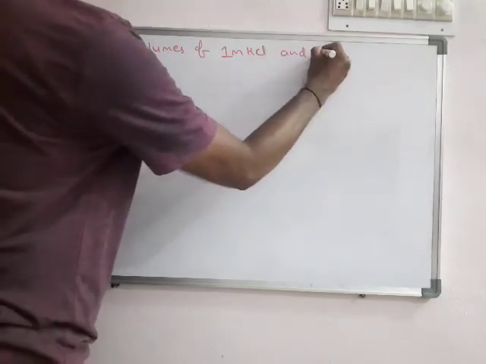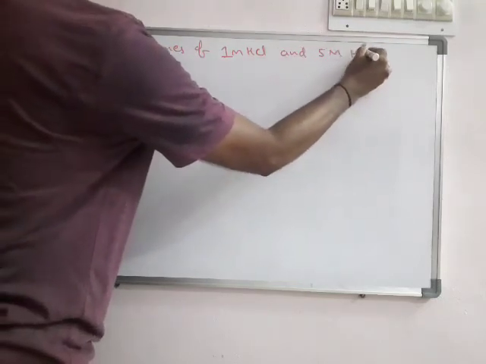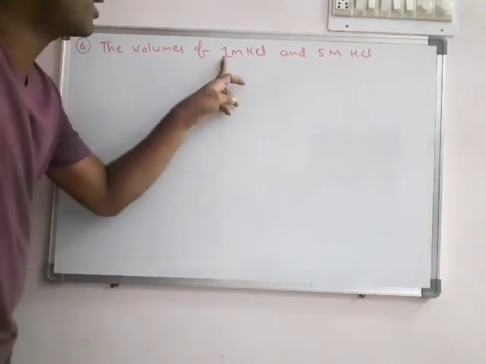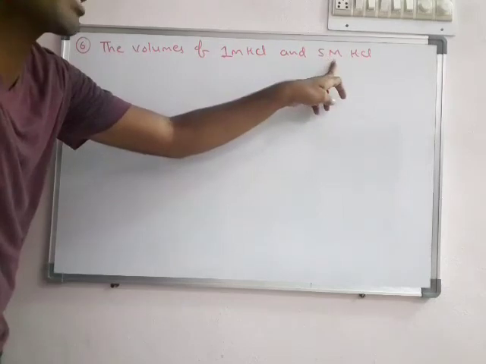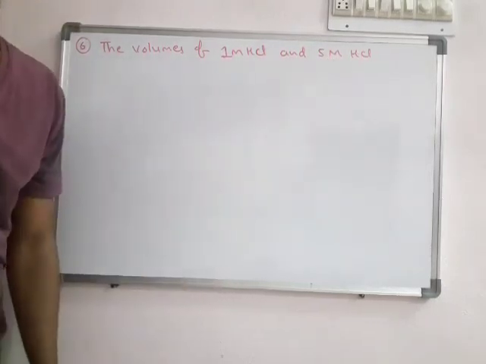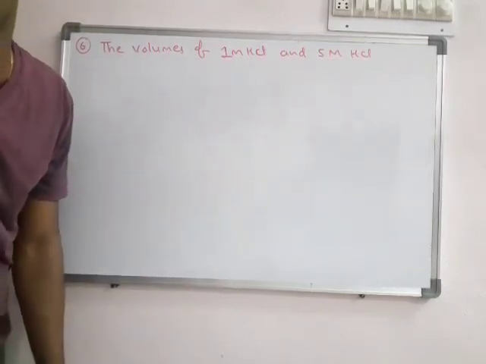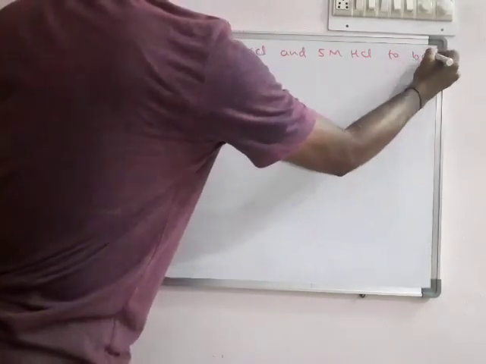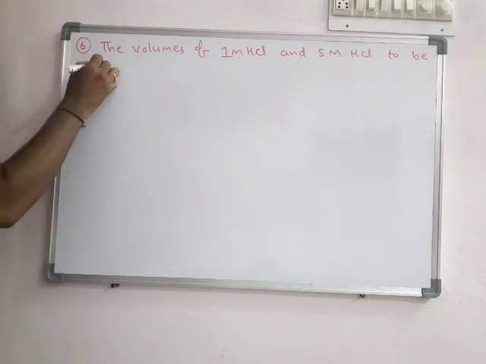Here two solutions are given. Both are HCl solutions, one has 1 molarity, the second one has 5 molarity. We need to find the volume of both solutions to be mixed.